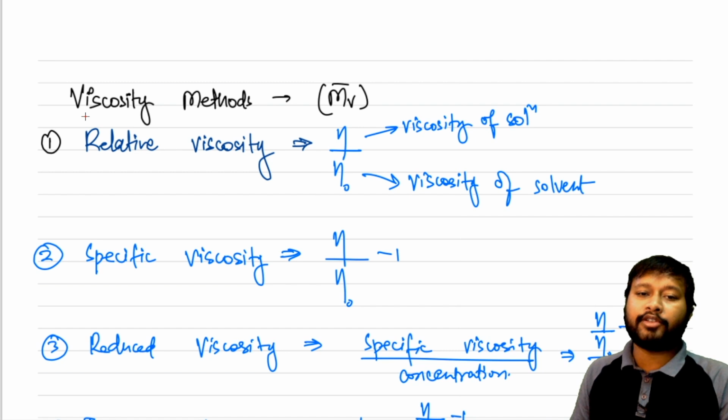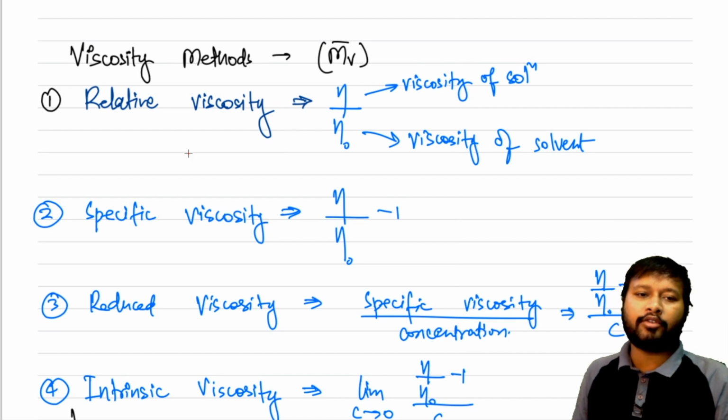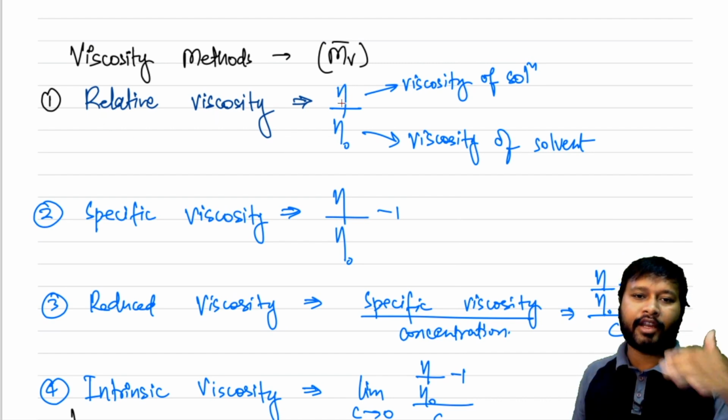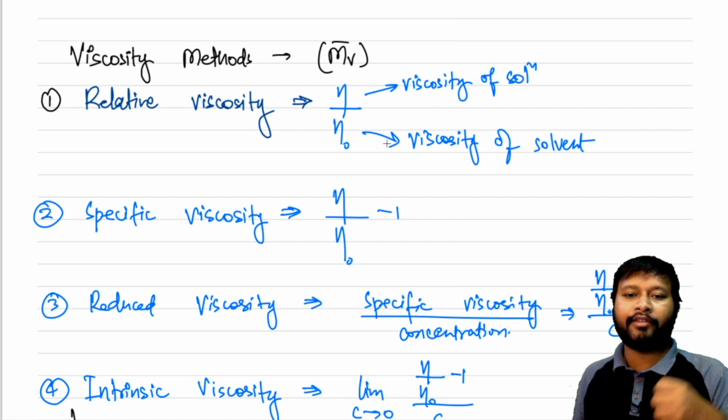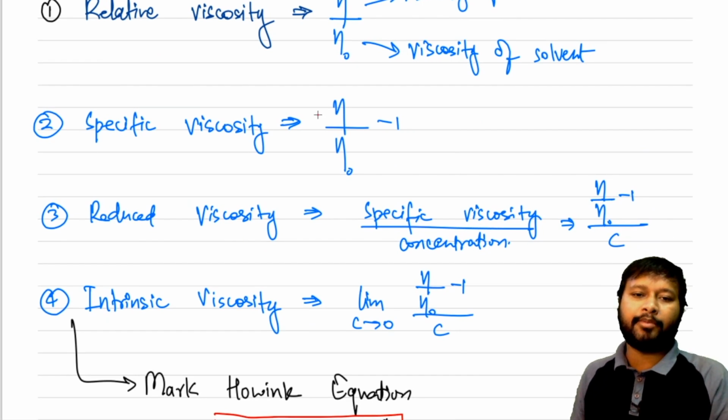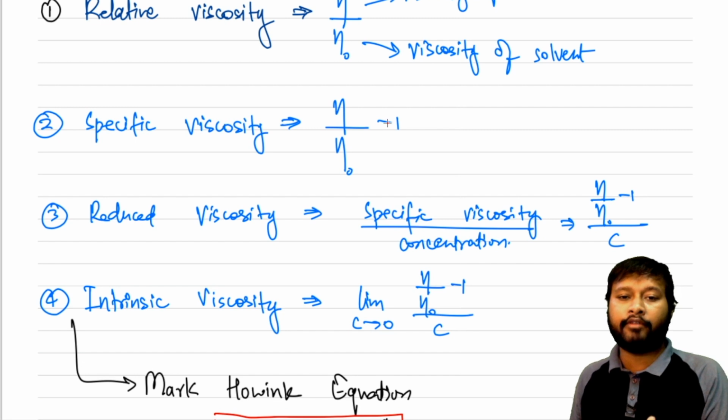Next is your viscosity method, and the viscosity method is going to give you the viscosity average molecular mass, that is Mv. Now there are different types of viscosity. You have relative viscosity, which is the ratio of the viscosity of the solution divided by the viscosity of the solvent. Specific viscosity is the viscosity of the solution divided by the viscosity of the solvent, minus 1.